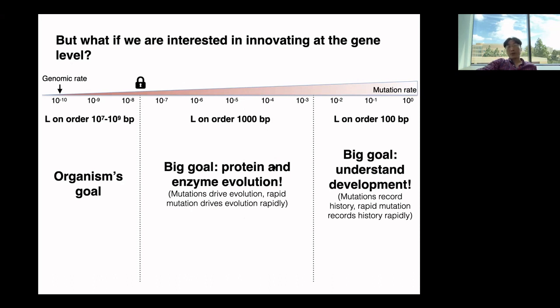And there's also another reason that mutations are important. Mutations are not just a source of innovation, but are a record of evolutionary history, or rather a record of descent, right? You can take two genomes, you can compare them, and based on the mutational differences, you can calculate how close they are related to each other and how far they are from their common ancestor.